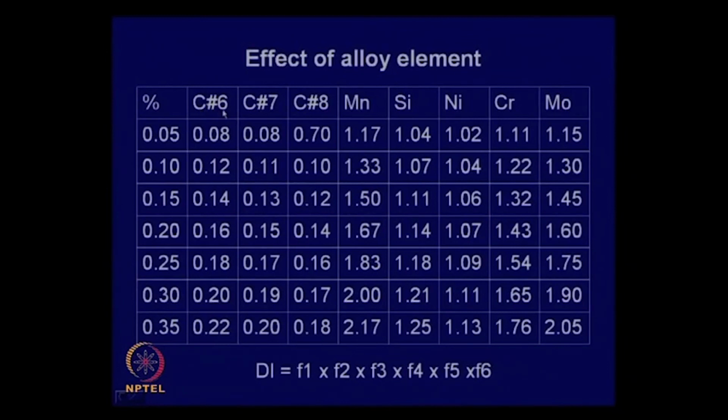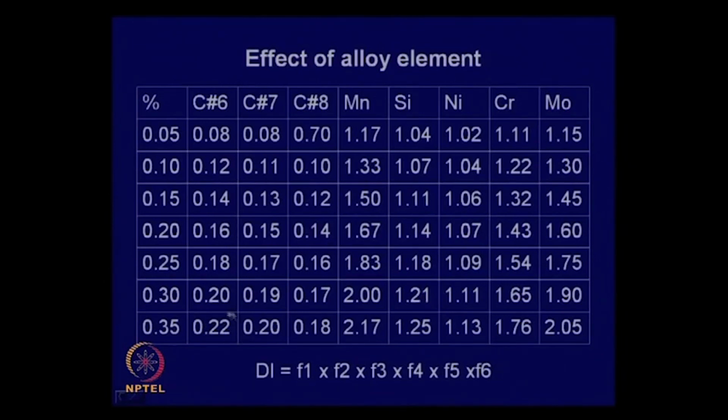This is the hardenability for plain carbon steel containing a particular amount of carbon, having austenite grain size number 6, and this is for austenite grain size number 8. So, for a given carbon content, you find that the coarser grain has higher hardenability.